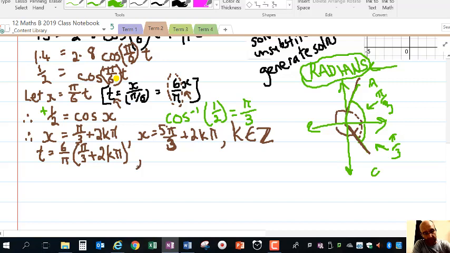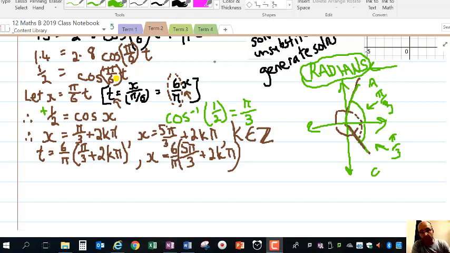We do it for the other solution. x equals 5 pi over 3, and we've got plus 2k pi. We've got to put our 6 on pi out the front there. It's basically a distributive rule job.